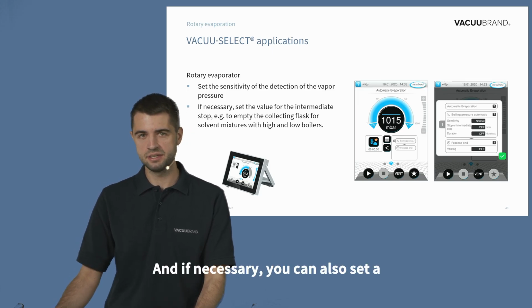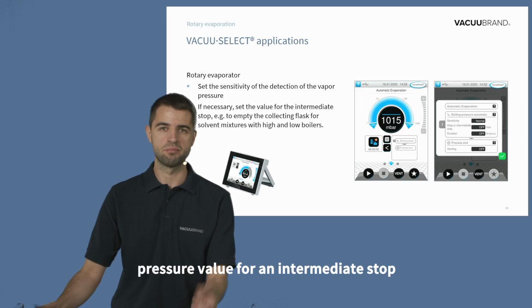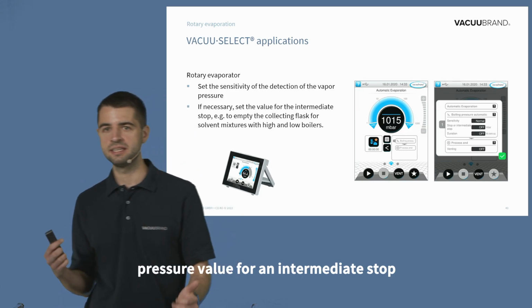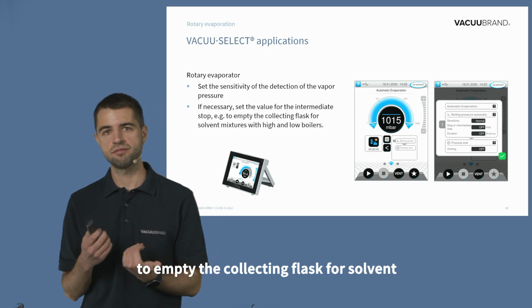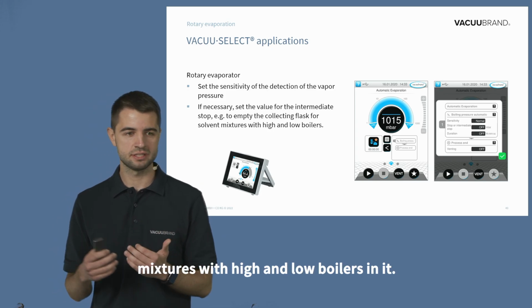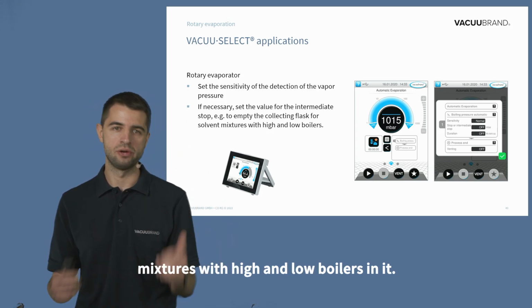And if necessary, you can also set a pressure value for an intermediate stop to empty the collecting flask for solvent mixtures with high and low boilers in it.